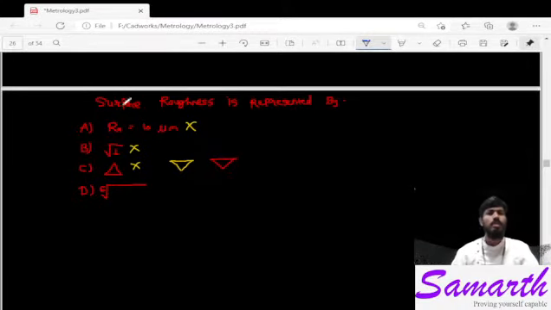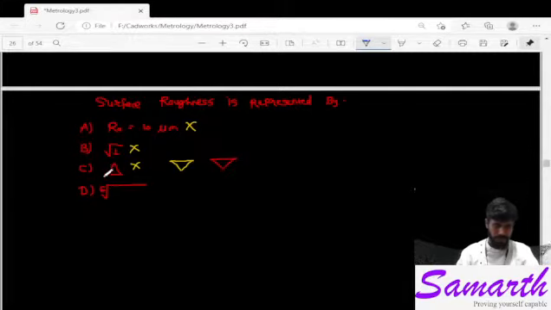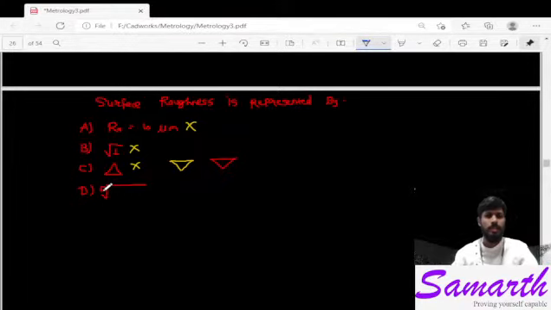Here it is. The surface roughness is represented by, options A, B, C, D. A is R equal to 10 micrometer, B is a perpendicular sign under a root, C is the triangle, and D is the under root sign with 6 as the value of roughness height.